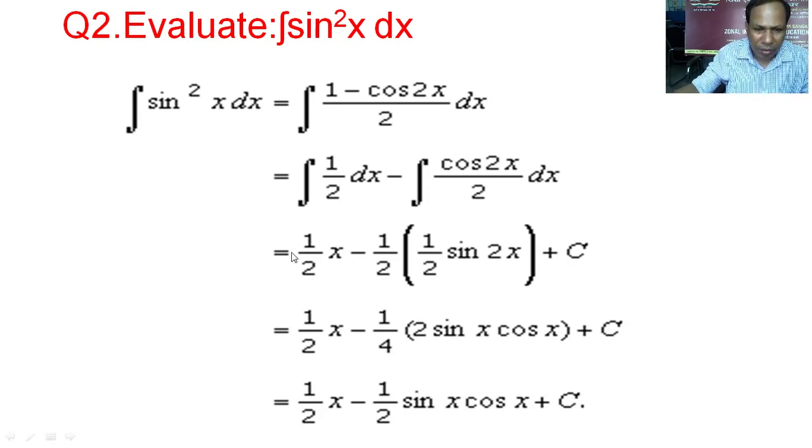So it is equal to 1 by 2 x minus, on multiplication, 1 by 4 into sin 2x, which becomes 2 sin x cos x, plus constant. On further simplification it becomes 1 by 2 x, 2 and 4 cancelled, so it is 1 by 2 sin x cos x plus constant.